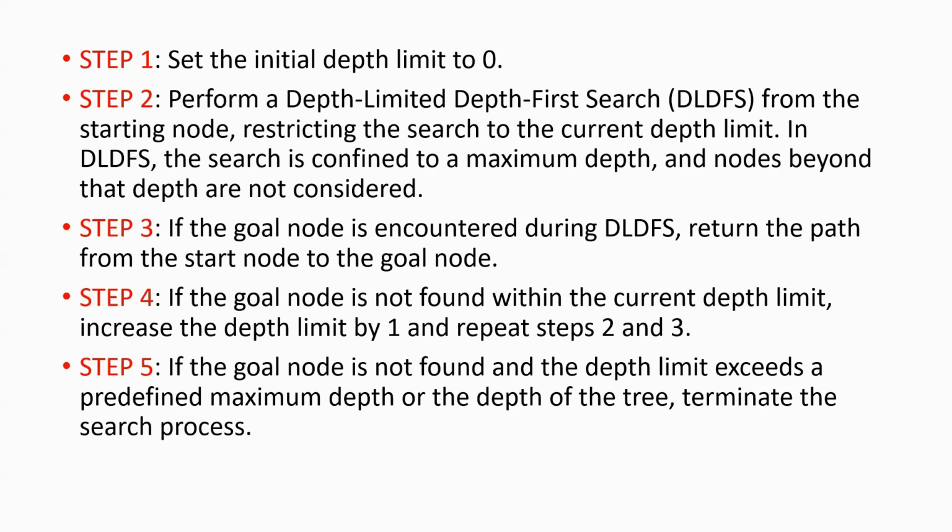If there is a depth limit or predefined maximum depth, this prevents infinite loops in a graph with cycles or a very deep unconstrained path. For the depth of the tree, if the depth limit exceeds the actual maximum depth of the entire tree or graph, it means all reachable nodes have been explored up to the maximum depth it reaches.